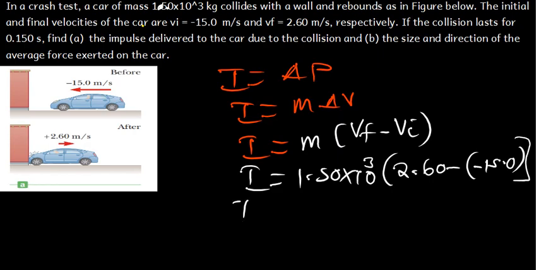So my impulse is going to be 1.50 times 10 to the power 3. Or we can find what is inside first, which is 2.60, then the negative becomes plus 15, which gives me 17.6.